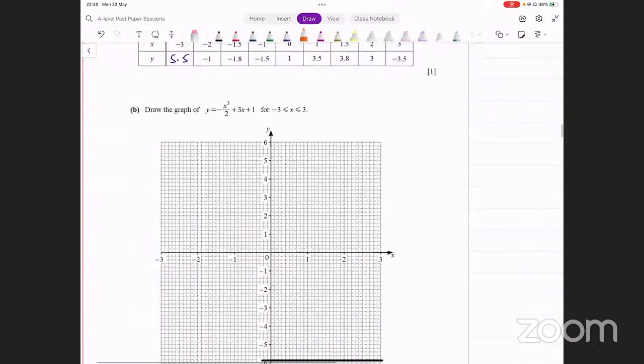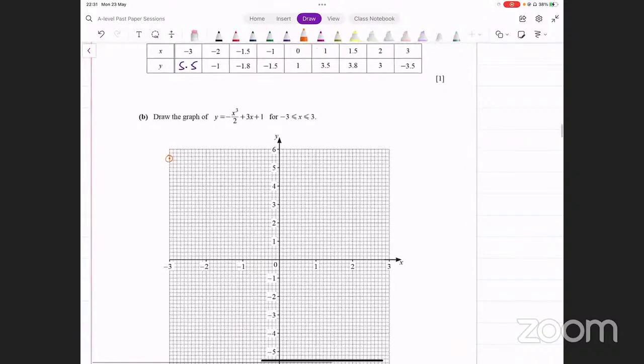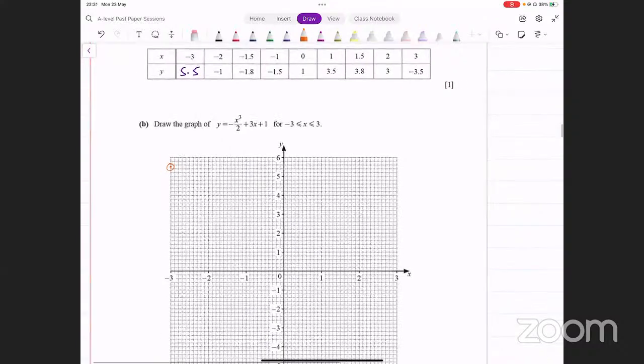-3 and 5.5. Where is that point going to be? -3 and 5.5. That is right here. Okay. Next we have -2 and -1. -2 and -1. That is here. -1.5, -1.8.